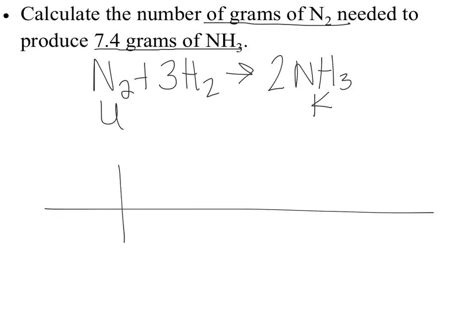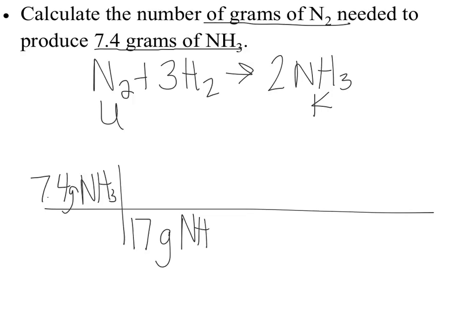Set up your grid. Start with your known, 7.4 grams NH3. Molar mass of NH3 is 17 grams, N 14 plus the 3 hydrogen over 1 mole of NH3, but I don't want NH3, so let's switch to nitrogen using our coefficients.